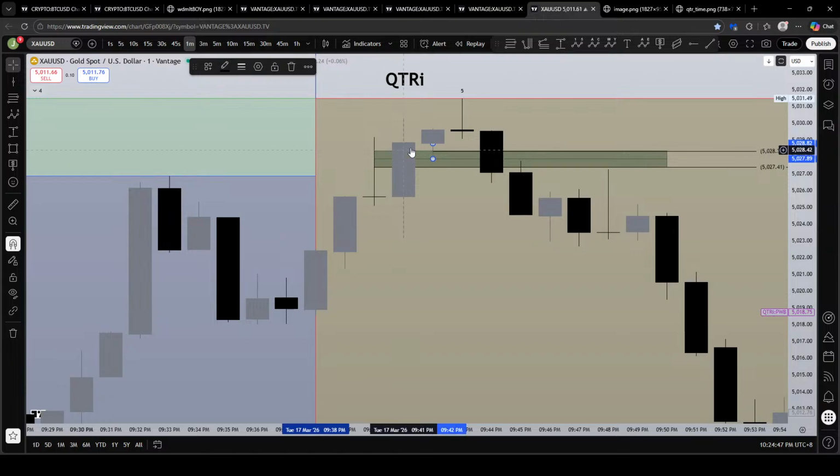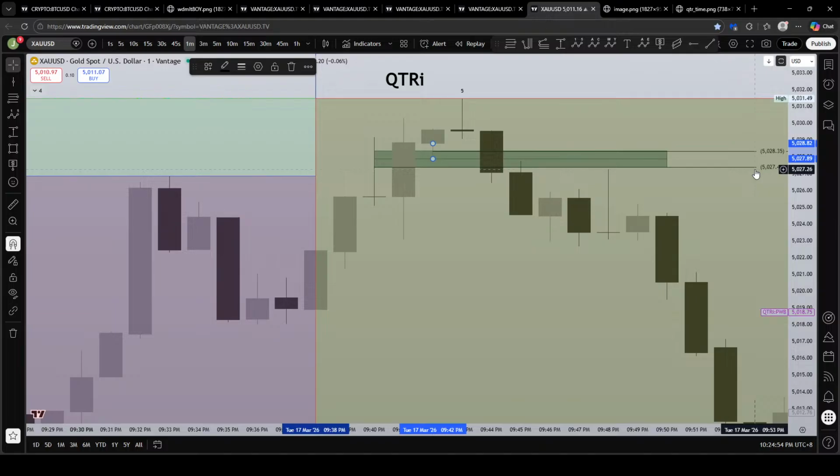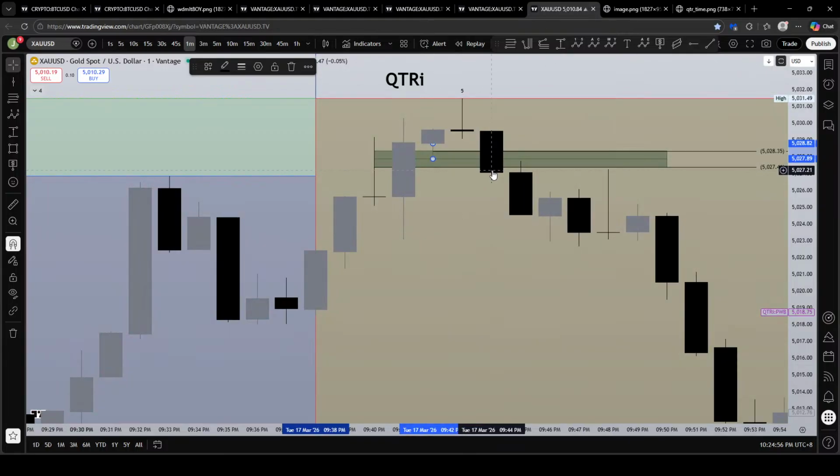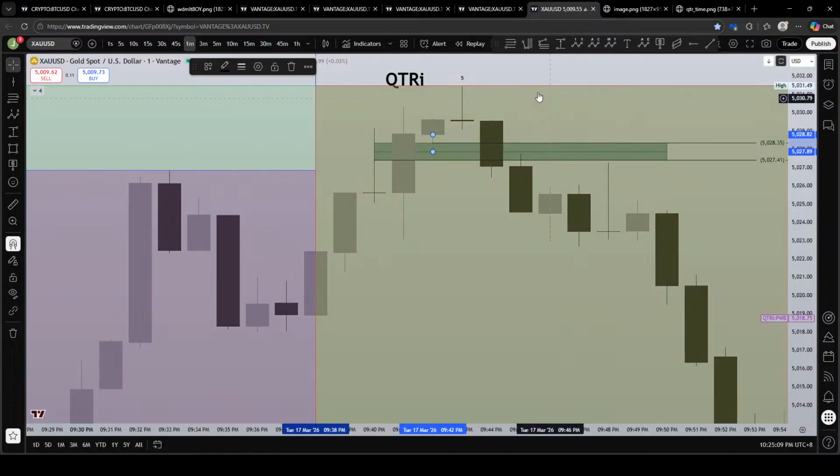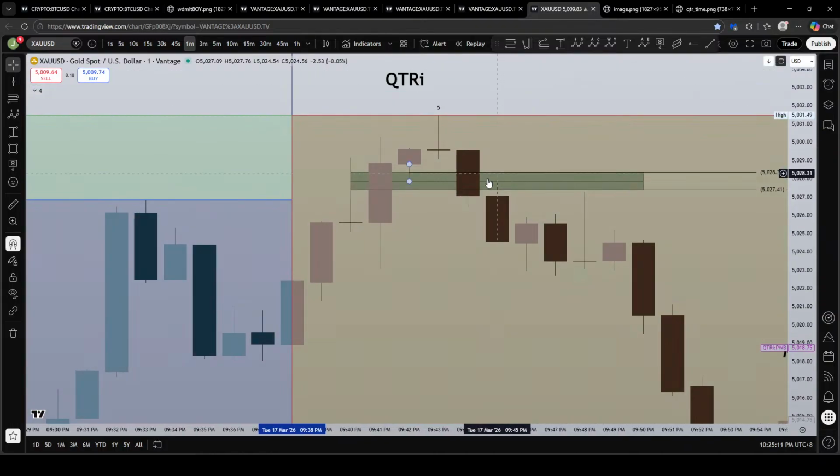What's the reason why this is no longer valid? It is because the lower boundary of the bullish implied fair value gap was already body broken. Once the lower boundary of a bullish implied fair value gap is body broken, there's a high probability that that point of interest will no longer hold.